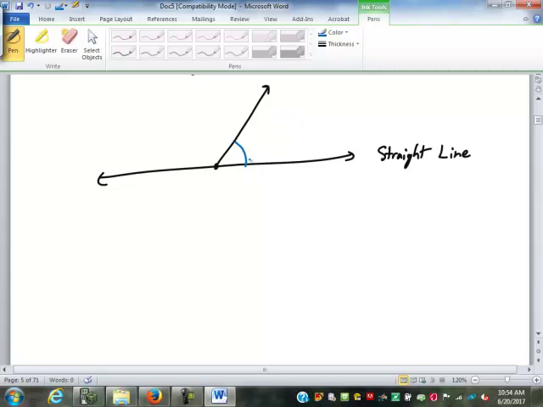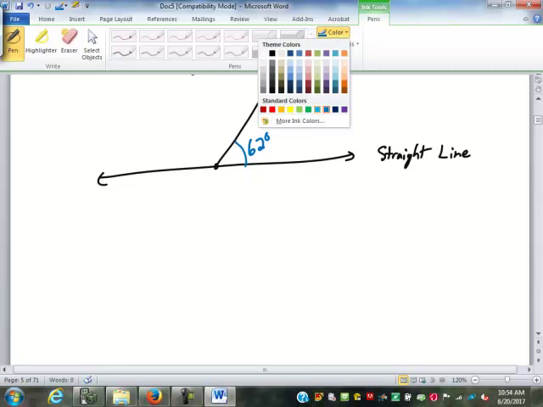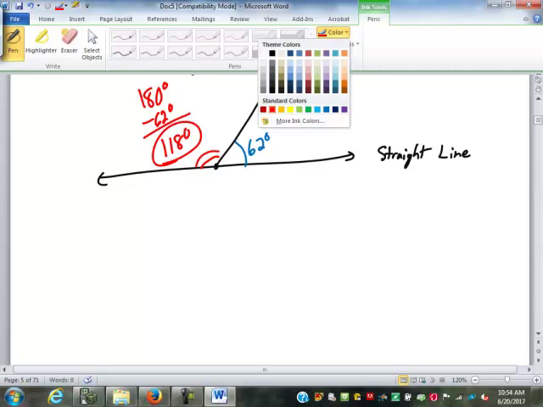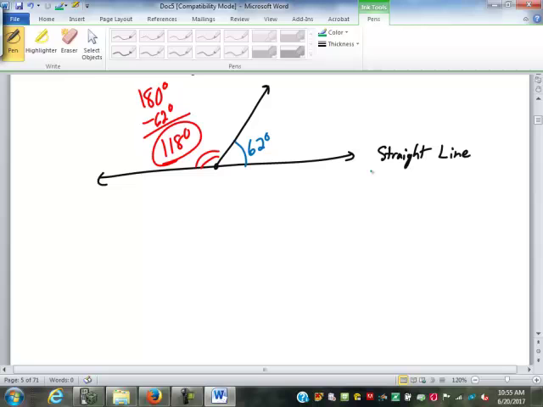Let's say this angle over here is 62 degrees. What does this angle over here have to be? 62 from 90. Careful. 180 minus 62. There we go. Has to be 118 degrees. How did we know they added up to 180? Because they formed a straight line.